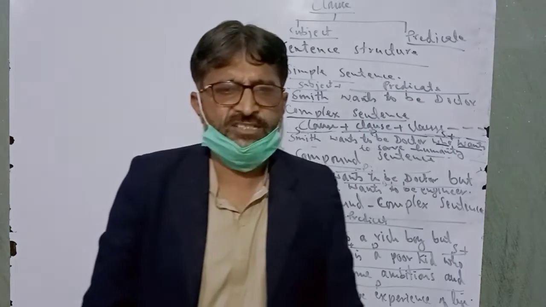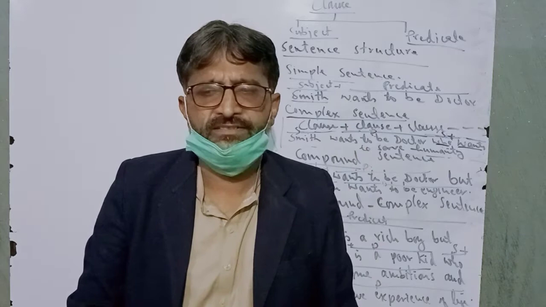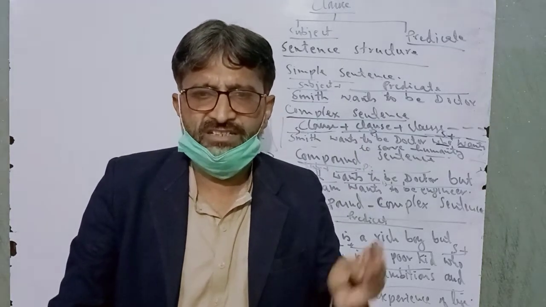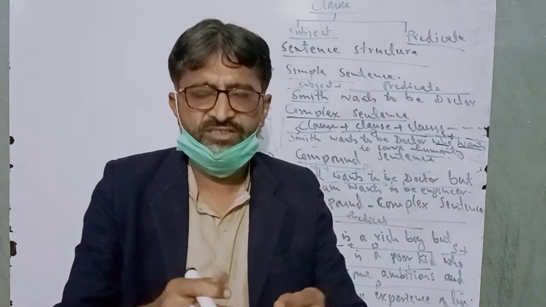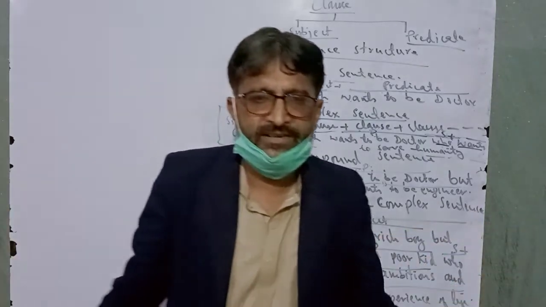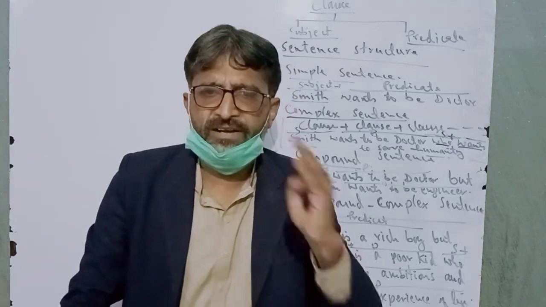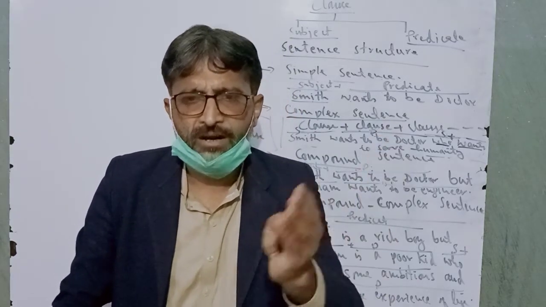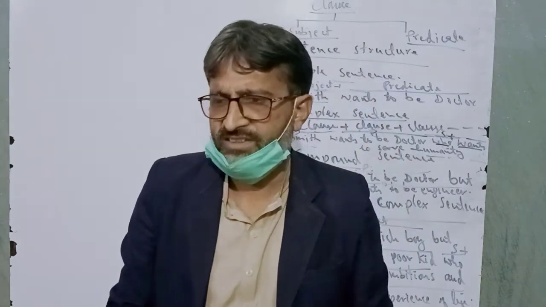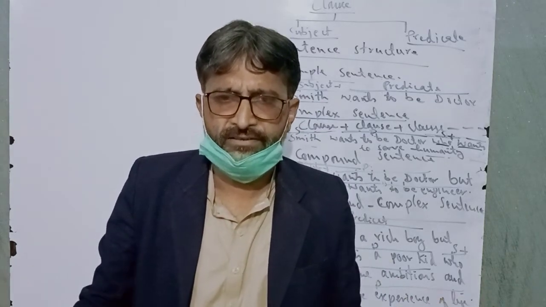The main distinction between complex sentence and the compound sentence is that there are independent clauses, especially in compound sentence. When we say compound, it means this is the amalgamation of independent clauses. There wouldn't be any dependent clause. Dependent clause are mentioned in the complex sentence. But when we are talking about especially compound sentence, in compound sentence we have all independent clauses.